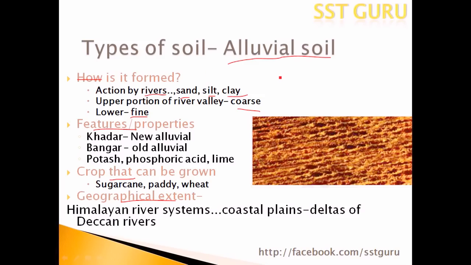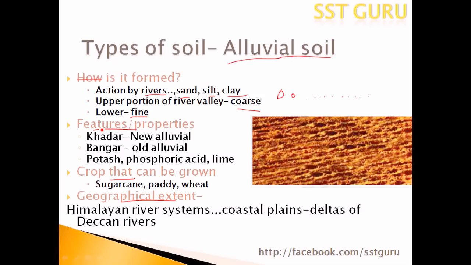You can assume that coarse soil is something like this big, and fine is something like this. So in the lower valleys, in the region of Uttar Pradesh and Bihar, you have fine soils, whereas in the region of Uttarakhand and all, you have coarse soil. Fine. That is the reason why some soil is coarse and some soil is fine.